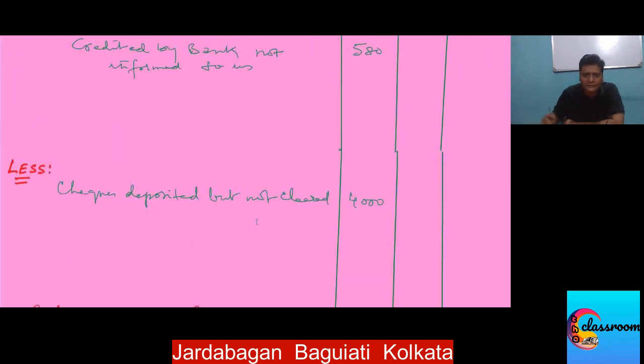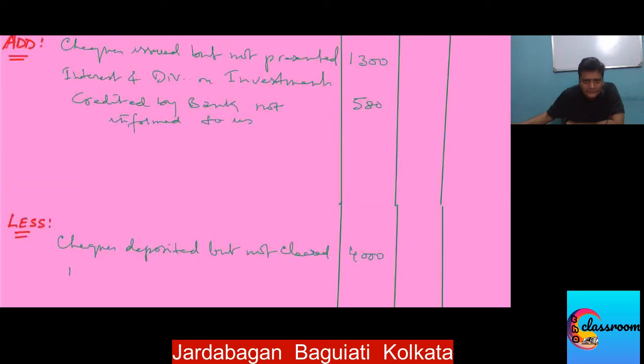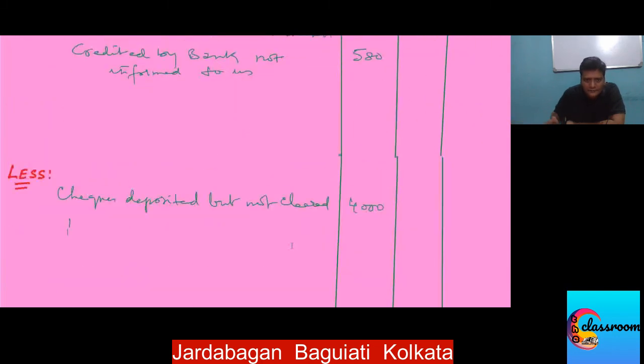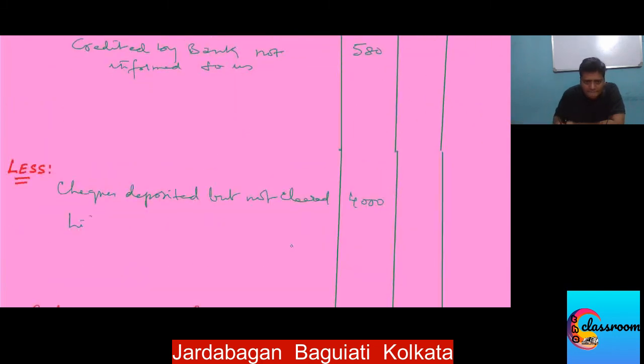So we write on the less side. Less: life insurance premium paid as per standing order by bank.